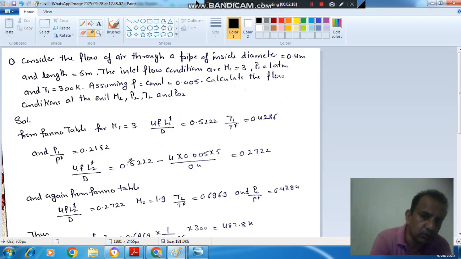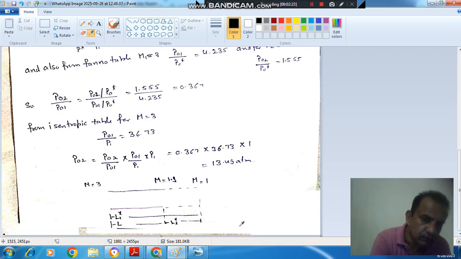Now this L1 star represents this length. If this is Mach number 3 and here it is Mach number 1, then this whole length is your L1 star, starting from 3 to 1.